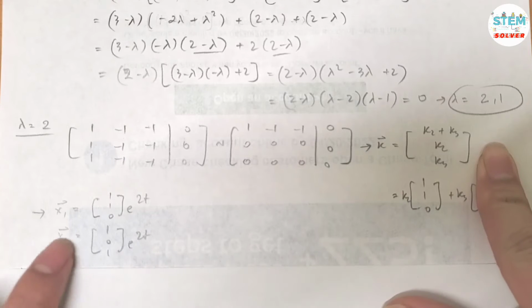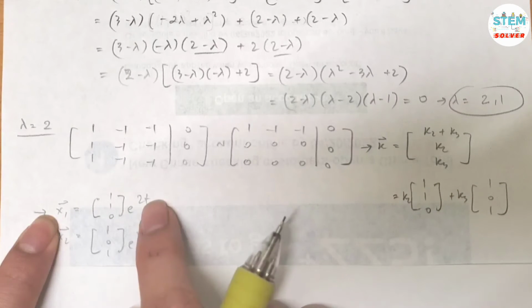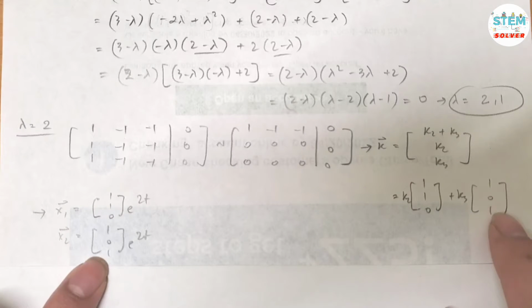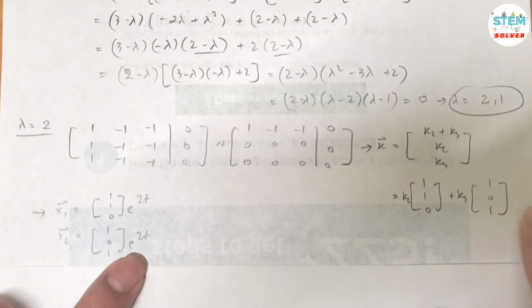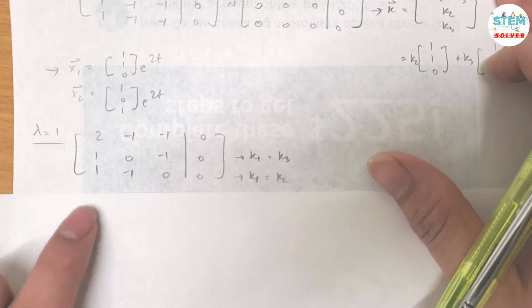So I have vector x1 equal to 1, 1, 0 times e to the 2t. My solution for vector x2 is equal to 1, 0, 1 times e to the 2t. That's for lambda equals 2. Now for lambda equals 1, plug it into A minus lambda I. That gives you this matrix augmented with 0.